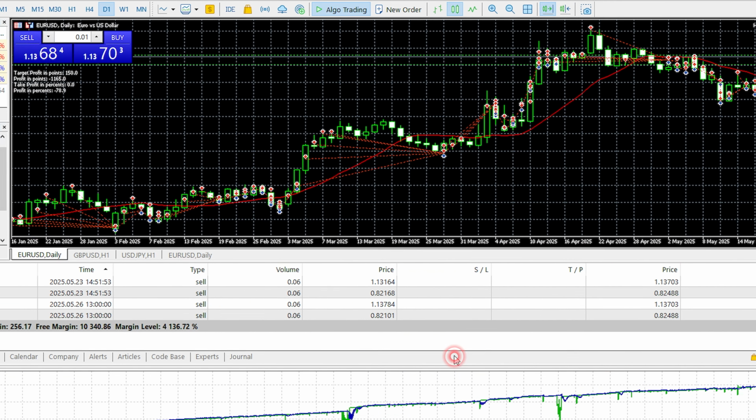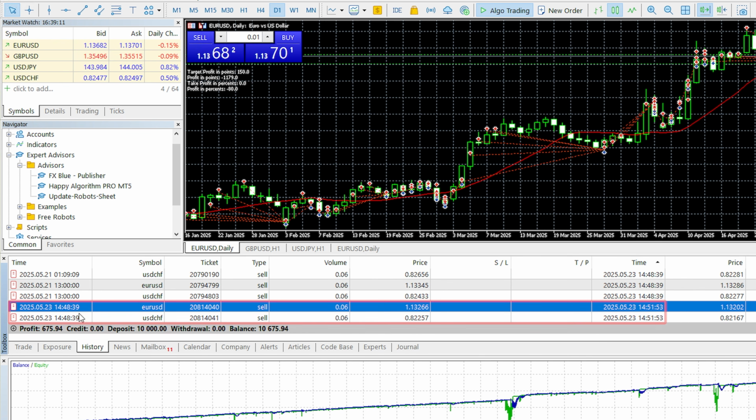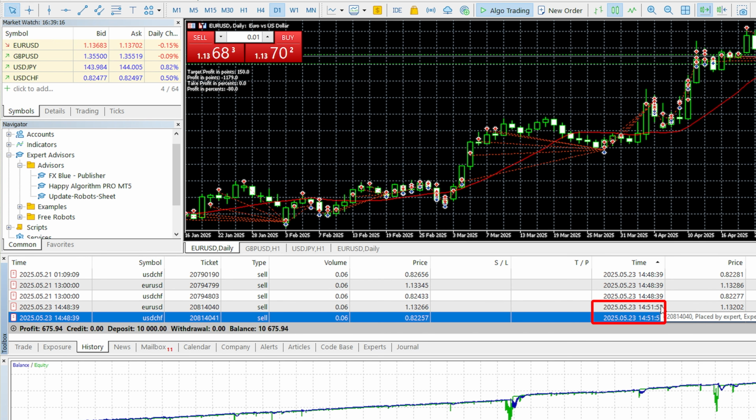Now I'll go back to the properties in a second, but if I show you the very last trades, for example these two that opened on the 23rd of May and they closed in the same day, just 3 minutes later, you will notice that the euro-dollar short trade was opened at 113.26 and it was closed at 113.20, or that is like 6 pips lower.